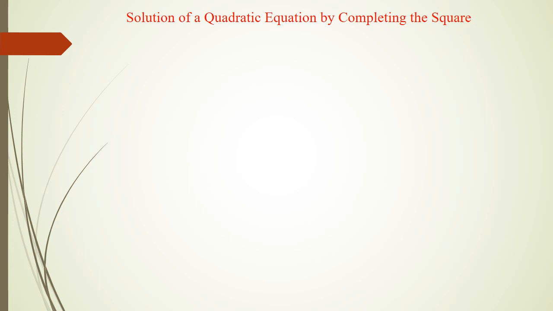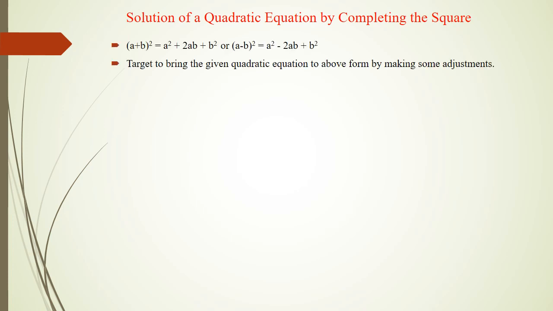Let us understand this method with one more example. These two statements I'll keep as they are from the previous slide so that you will have a better understanding. The next example that I have considered here is: solve 5x² - 6x - 2 = 0 by the method of completing the square.